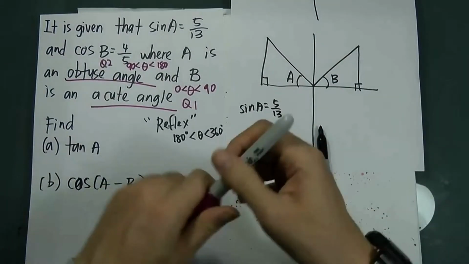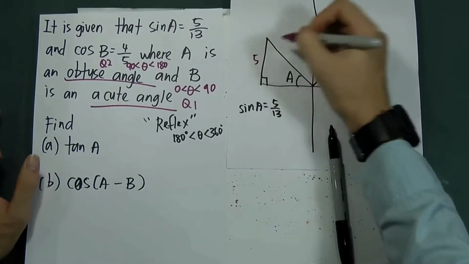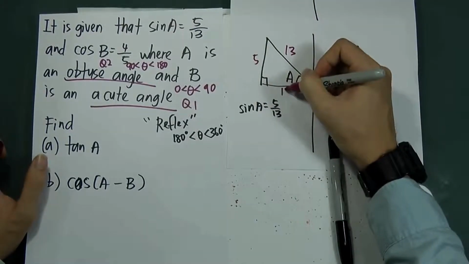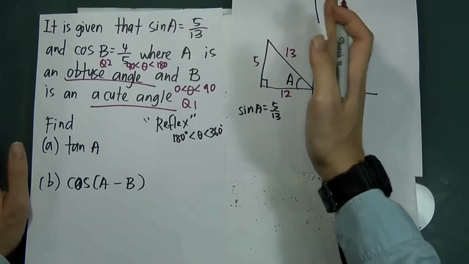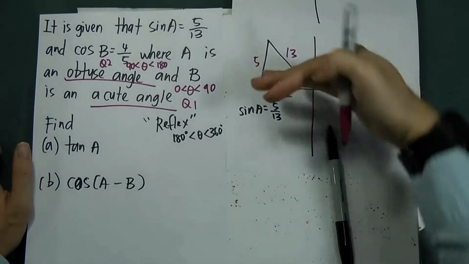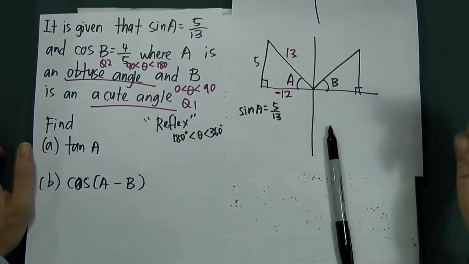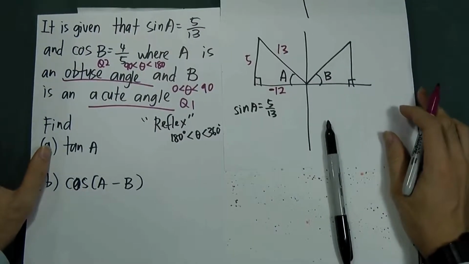So sin A equals 5 over 13, where 5 is the opposite and 13 is the hypotenuse. Pythagoras tells us that the remaining side will be 12, giving 5, 12, 13. However, as I said before, below the x-axis the y value should be negative. But we do not have the value for the third quadrant and second quadrant, so just ignore it.